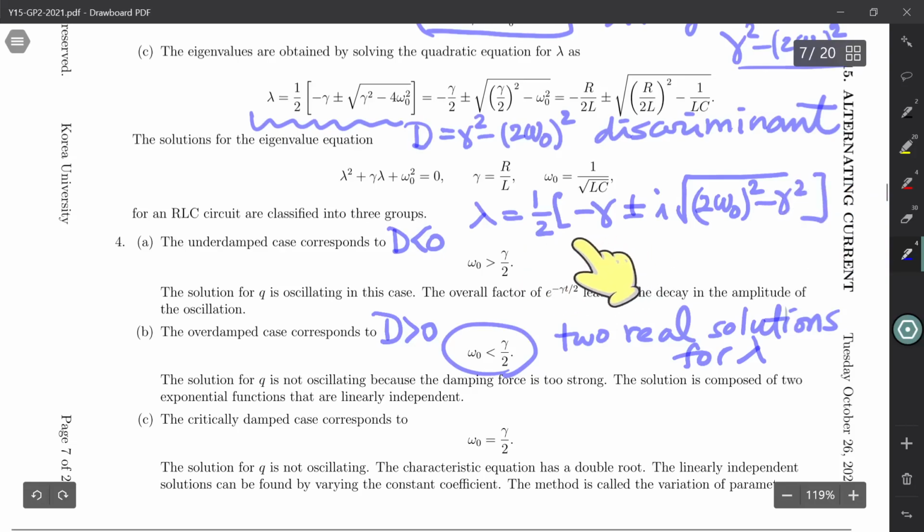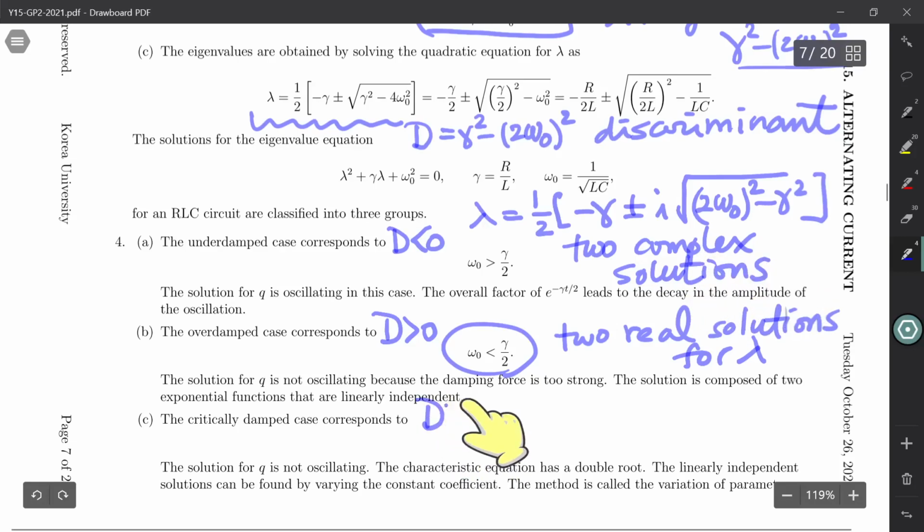So, two complex solutions. If the discriminant D equals 0, lambda equals minus 1/2 gamma, a double root.